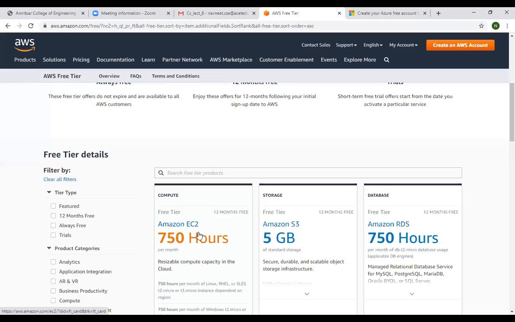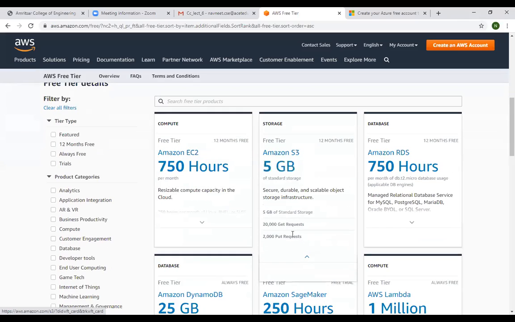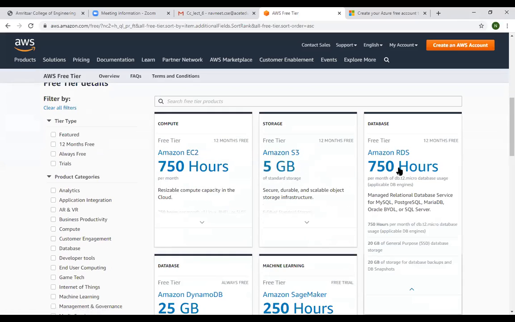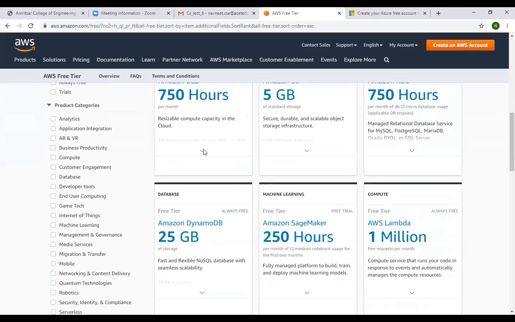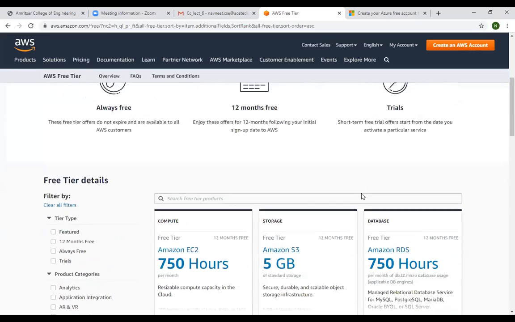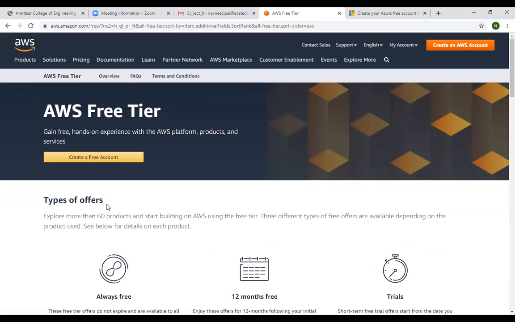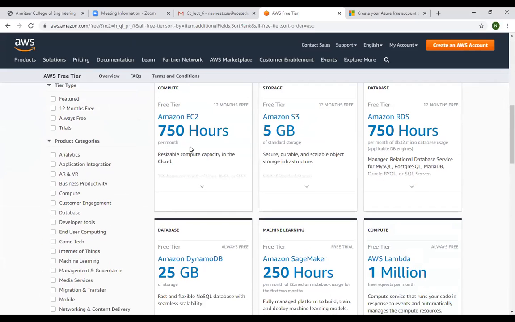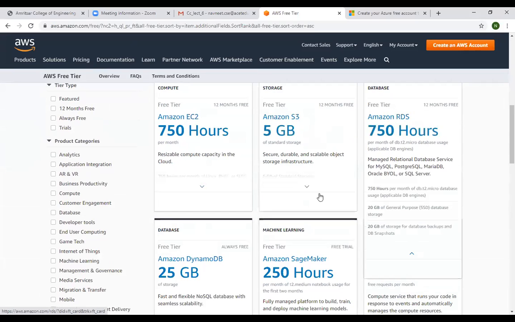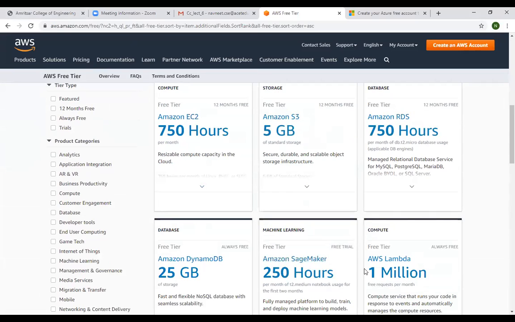Amazon EC2 is free for 750 hours, as I told you. Amazon S3 5 GB is free. Amazon RDS 750 hours. These are the services that are free, and you need to study their documentation before availing any kind of service in Amazon. Students can go through this free tier and have access to EC2, simple storage service, relational database service, DynamoDB, SageMaker or Lambda.